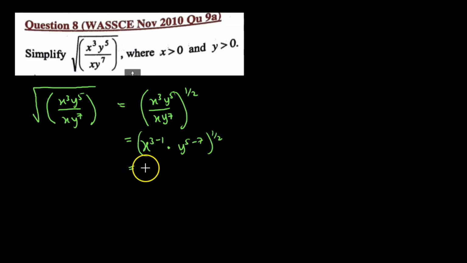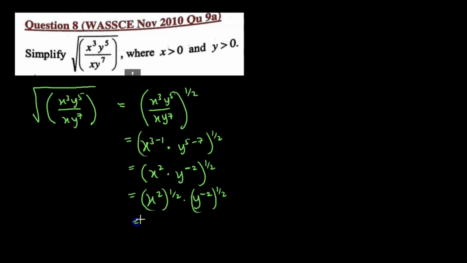And that will give me x to the power 2 times y to the power negative 2, all raised to the power half. Now the half can be expanded through to affect the x as well as the y. So we have x squared, all raised to the power half, times y to the power negative 2, all raised to the power half. At the end of the day, 2 multiplying half will give us 1.